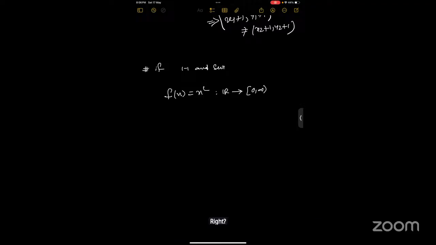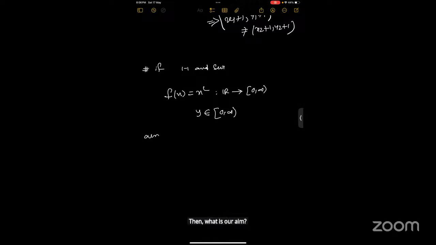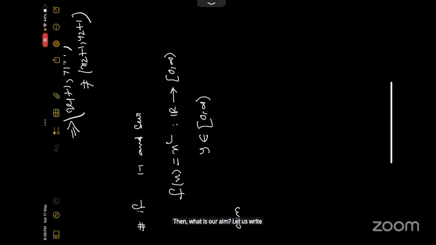For any positive number, there is a pre-image of that number under this mapping, right? Agree? I am not sure. Okay, so we can check it. We can start with any arbitrary number in the codomain. Then what is our aim? Let us write down the aim.